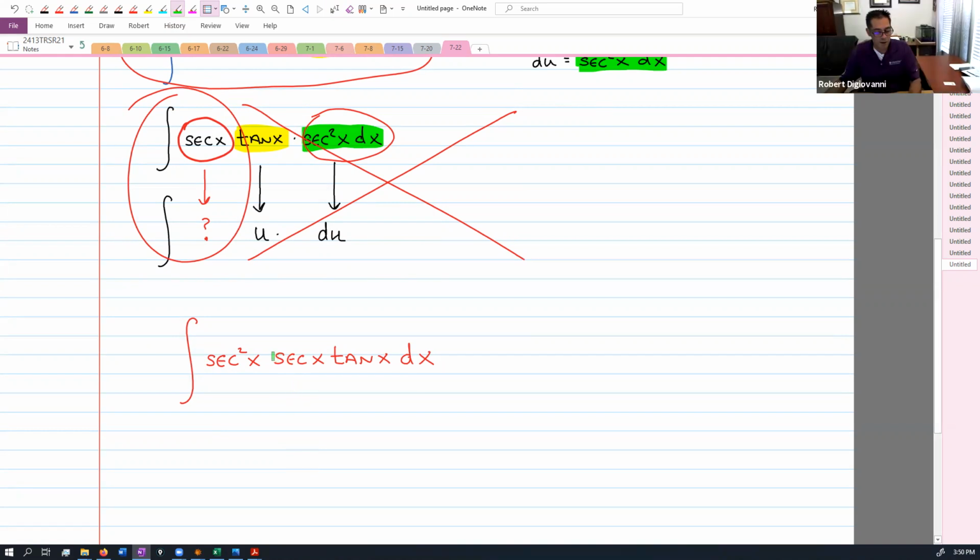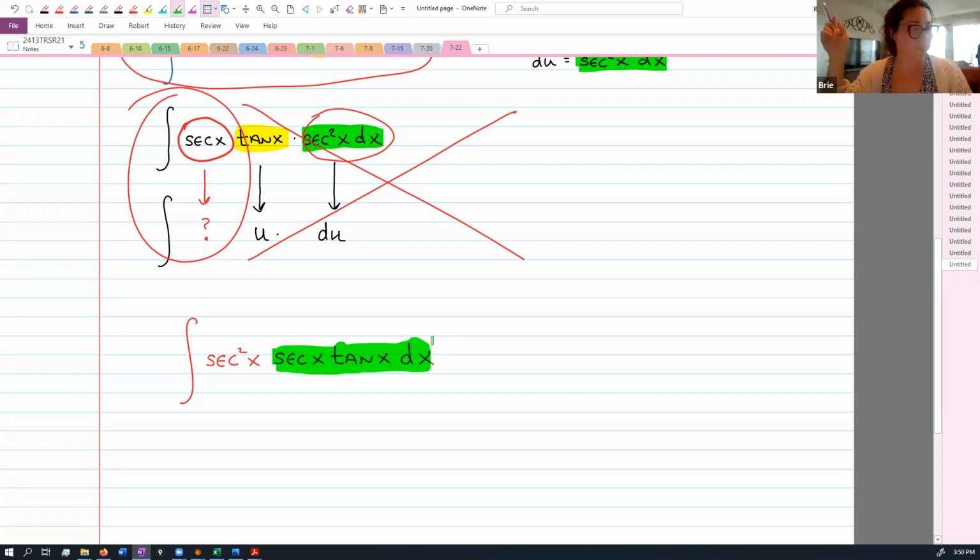Okay, stop right there. Cody just said that the secant x tangent x dx, Cody recognizes that as being the derivative of secant x. Right? That's the derivative of secant x. So this part in yellow without the squared could be our u.